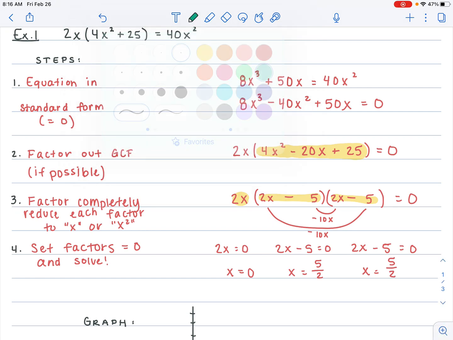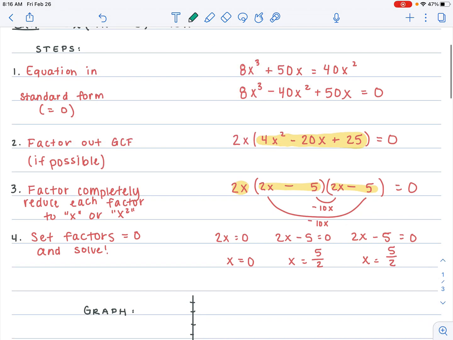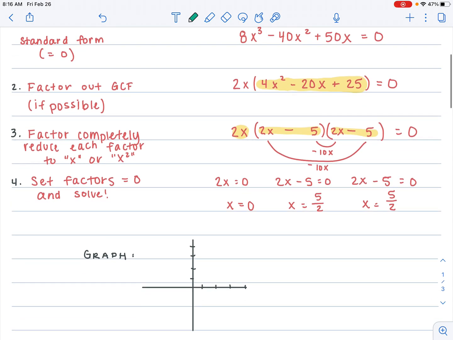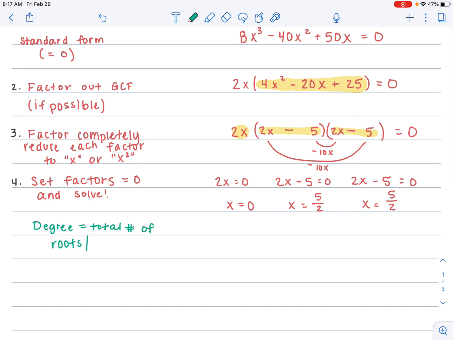So if you're looking at this, this is going to be a really important thing here. You want your degree to equal the total number of roots or solutions.